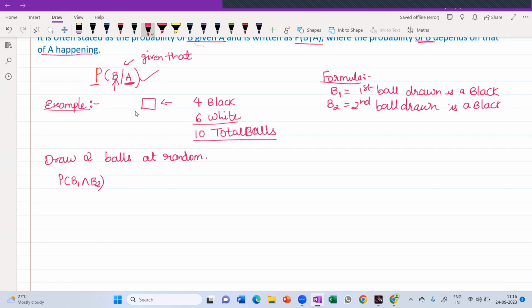So basically both the balls should be black, so I have to find the probability of B1 intersection with B2.